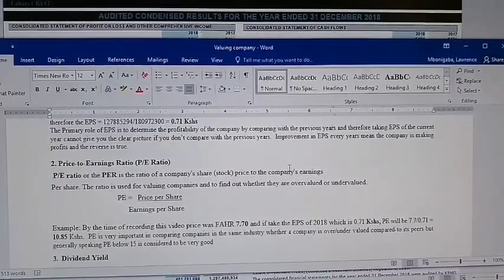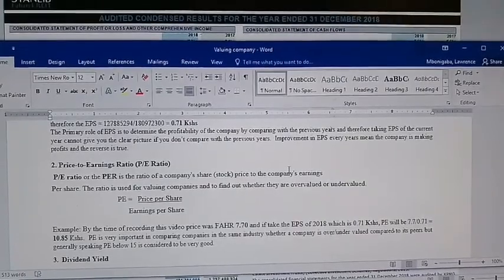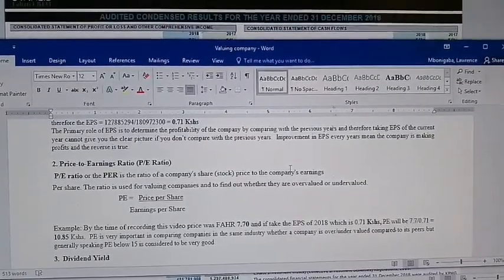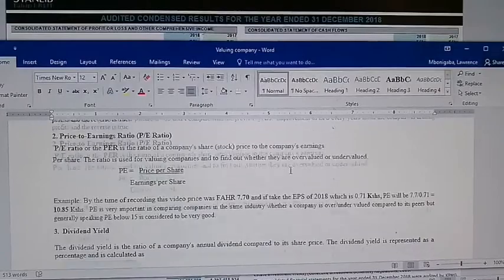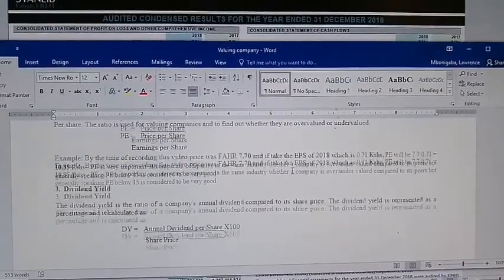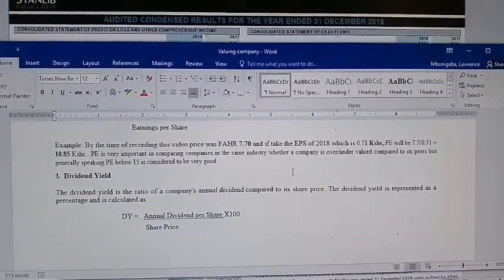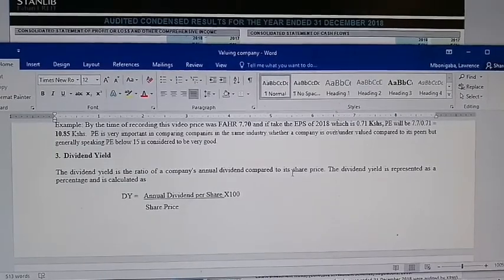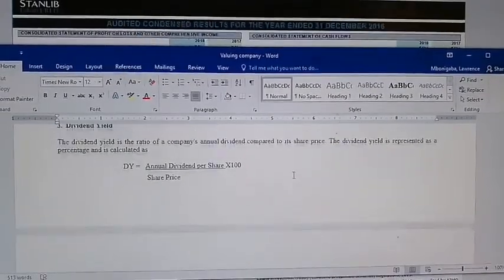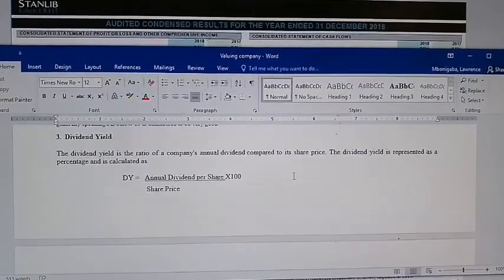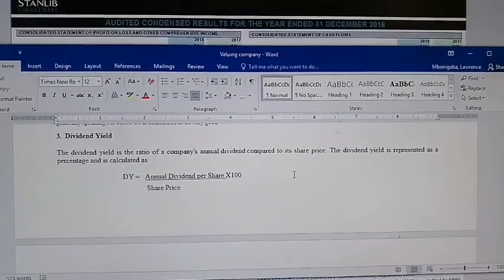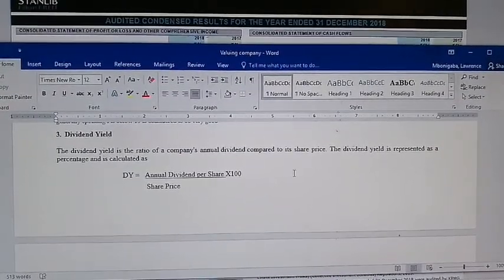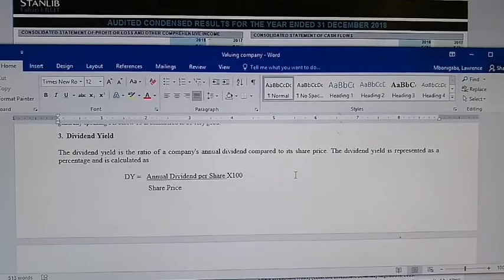So you take the dividend paid, 0.75, divided by 7.7, which is the share price of the company. And don't forget to multiply by 100 since it is a yield, so it will give you 9.7%. So what does this show us?